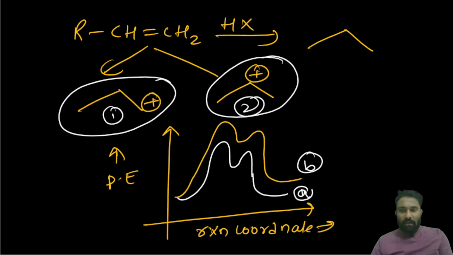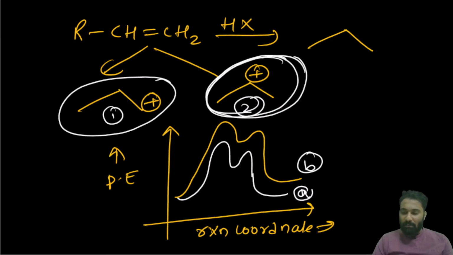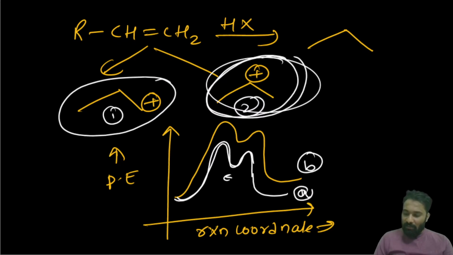2 because it is forming the stable carbocation. If the stable carbocation is forming, then it will have the less potential energy. So this energy profile diagram will be represented for which one? The 2 carbocation, or the 2 carbon which is bearing the carbocation.